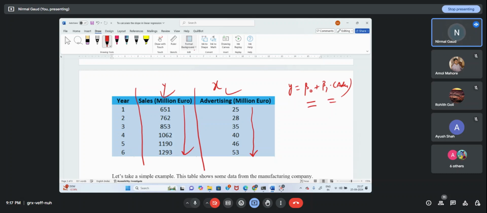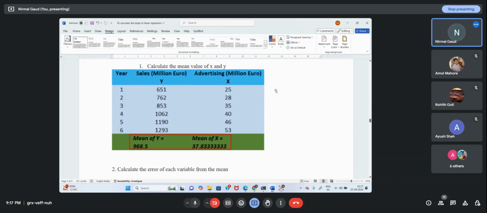We have to apply the same concept of linear regression. What is required to find the values of beta naught and beta 1? The first step is to find the mean of x and y. Step number 1, calculate the mean of x and y, so you will get x bar and y bar.